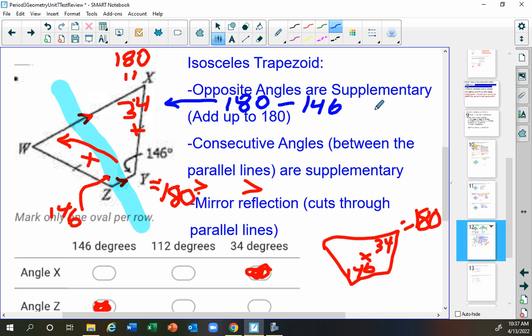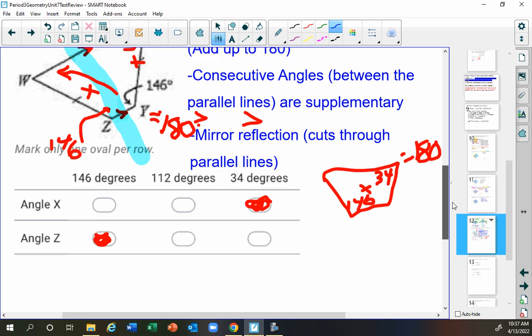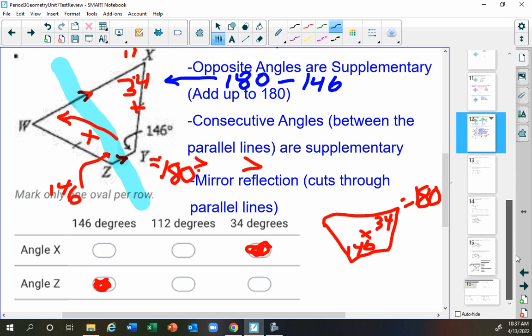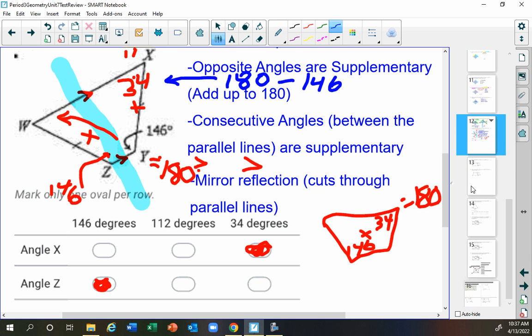And again, these might be notes you might want to put on your one page of notes, front and back. Okay, I think that's it for this problem. All right, here we go. Next couple problems.